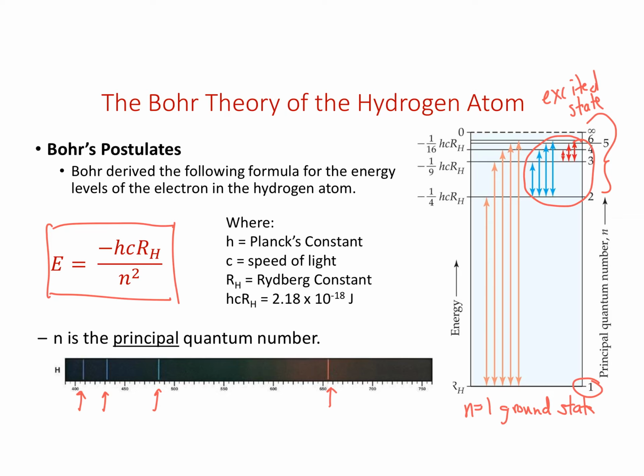And so in this equation, energy equals Planck's constant, which we've already covered, times the speed of light, times Rydberg's constant, which was another constant that was derived to help us understand the line spectra of hydrogen, divided by n squared, where n is our quantum number. And that's what's over here. N equals 1, n equals 2, n equals 3, all the way to infinity.